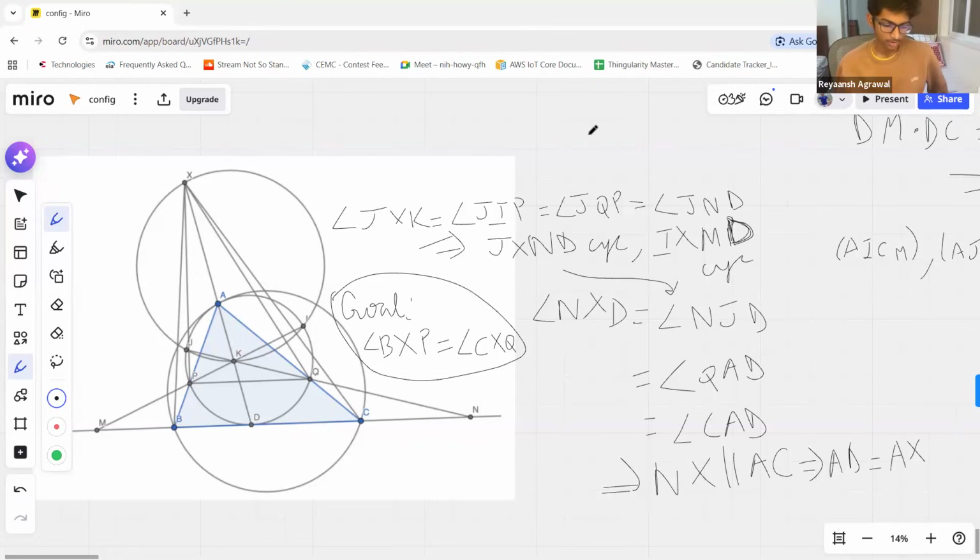What is that equivalent to? QDC is equal to QAD. Yes, QAD. But then we are stuck.